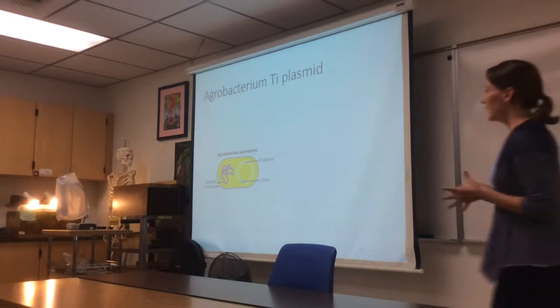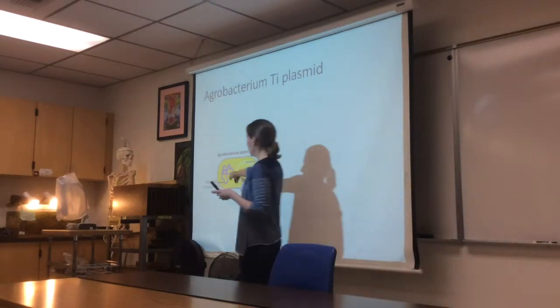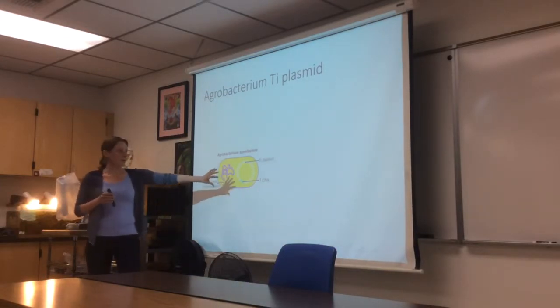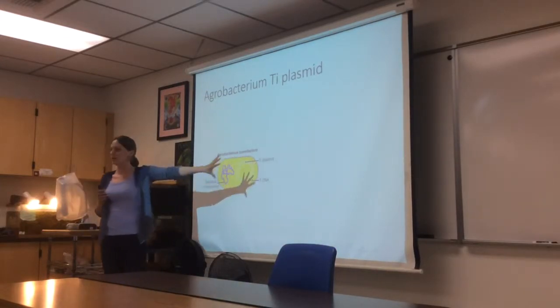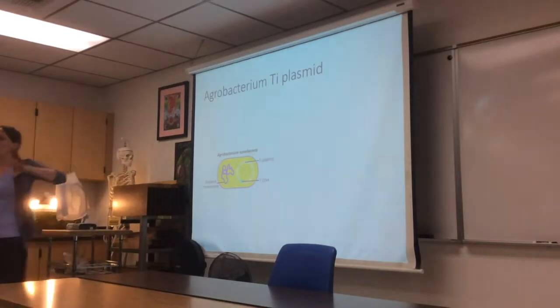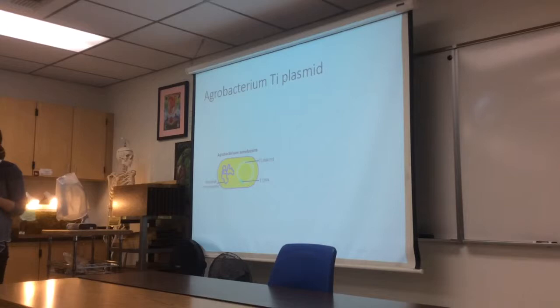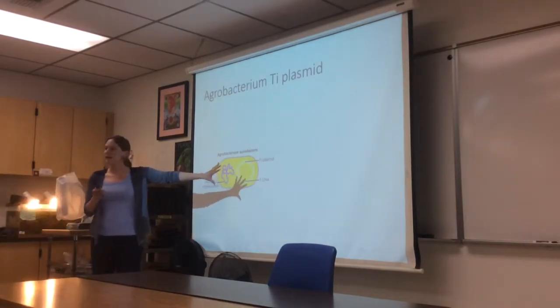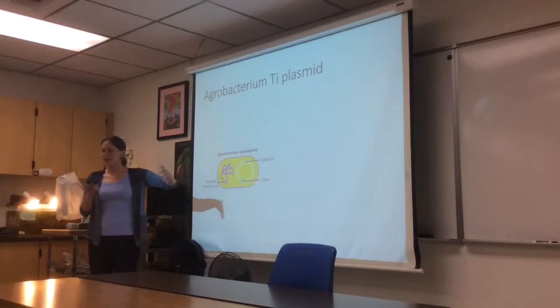The bacteria has this circular genome here. It also has this additional piece of DNA called a plasmid, which is a circular extra chromosomal piece of DNA. And it is part of this plasmid that actually gets transformed into the plant.